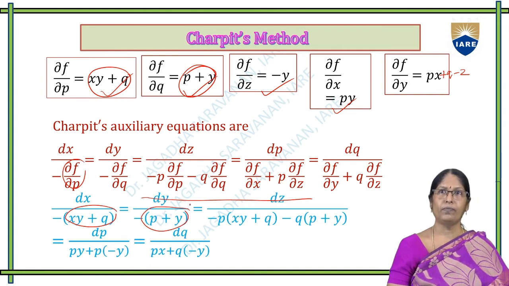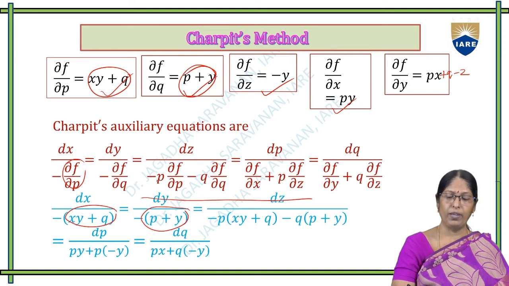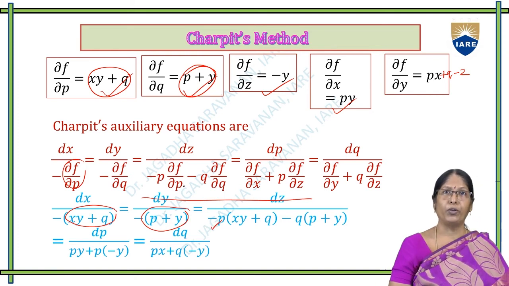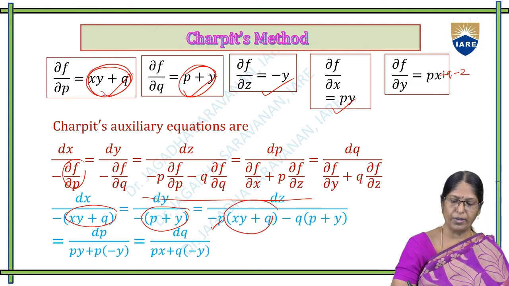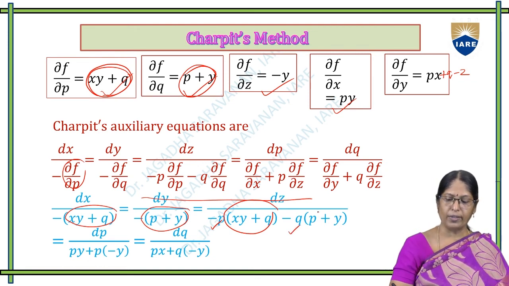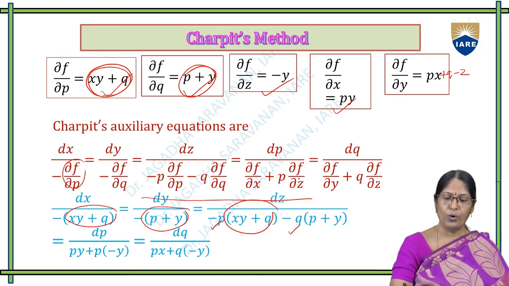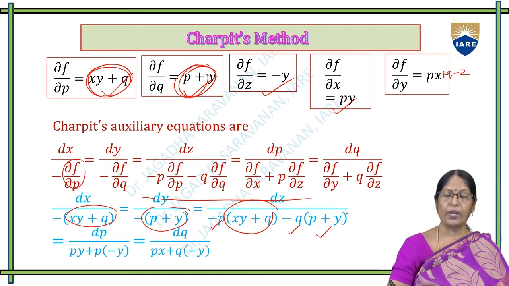So the next one is here, minus p of ∂f/∂p, this circled one which is written here, that is the third member, minus q as it is, of ∂f/∂q, it is written p plus q.